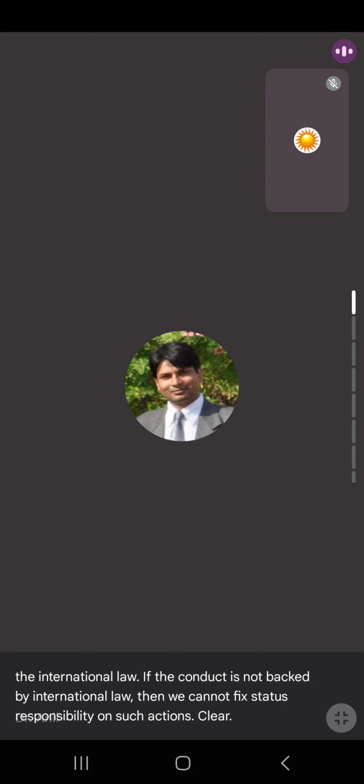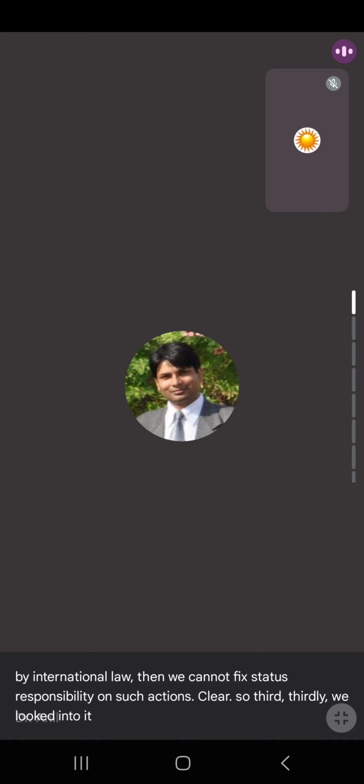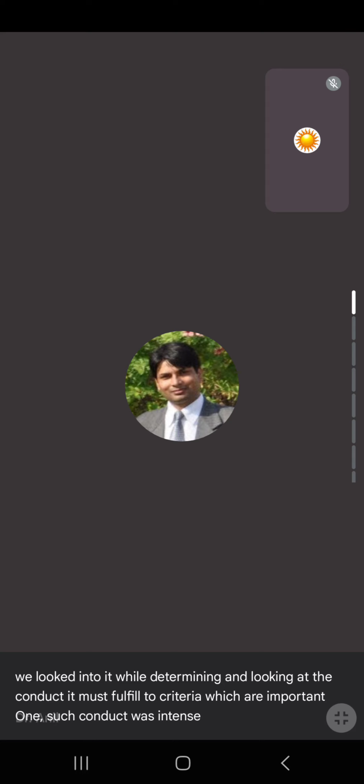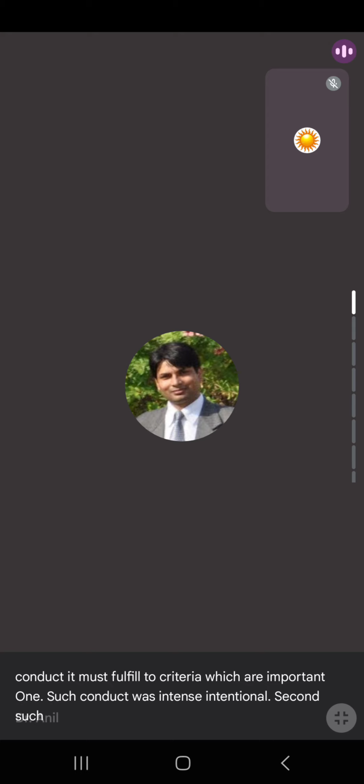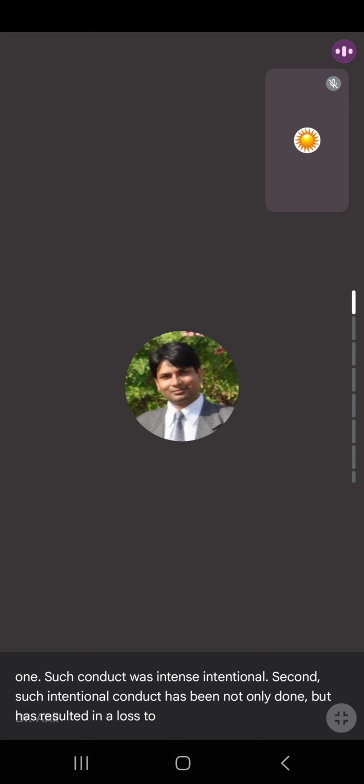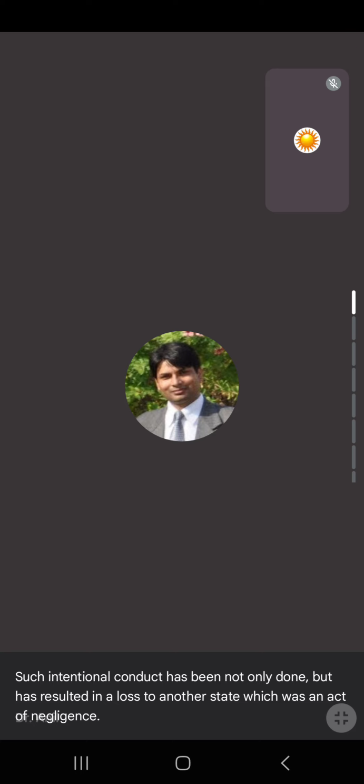Thirdly, while looking at the conduct, it must fulfill two important criteria. One, such conduct was intentional. Second, such intentional conduct has not only been done but has resulted in a loss to another state, which was an act of negligence. Is it clear?